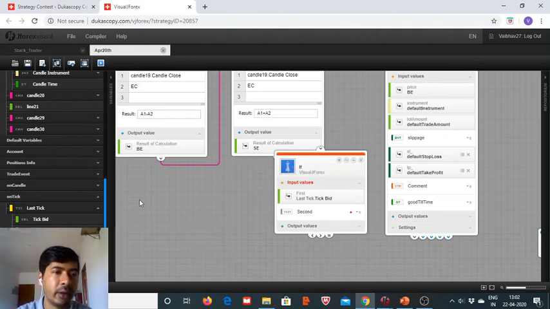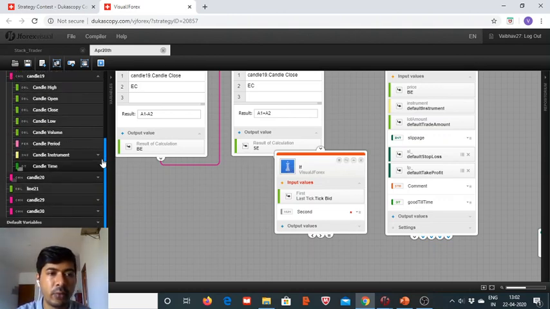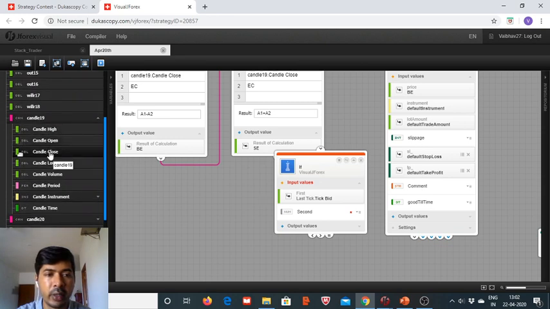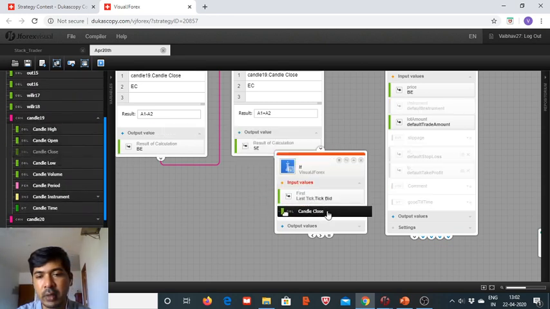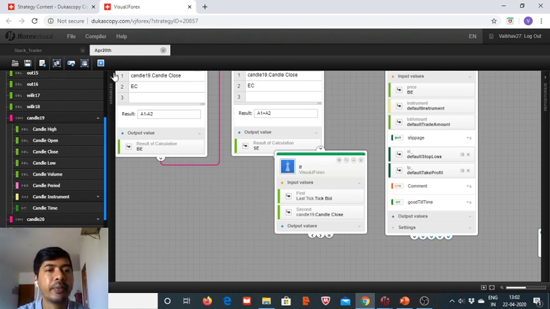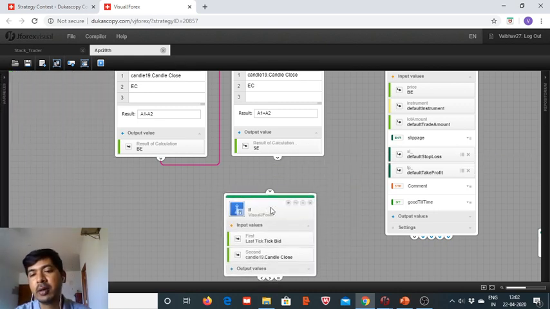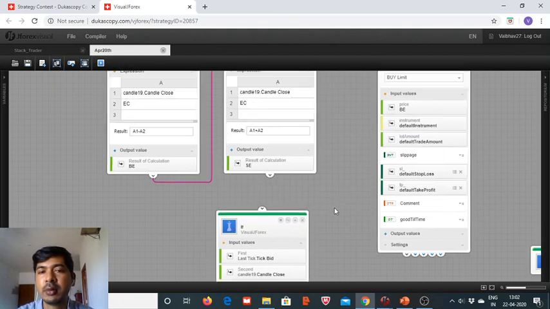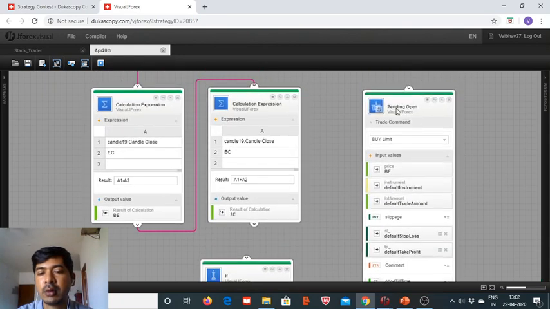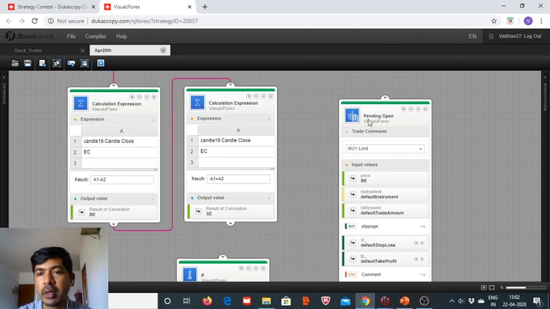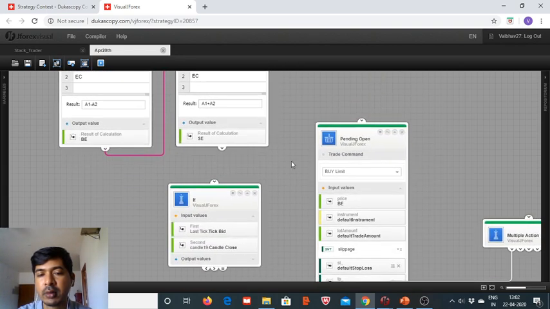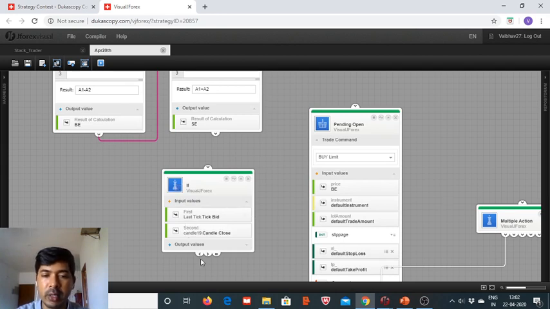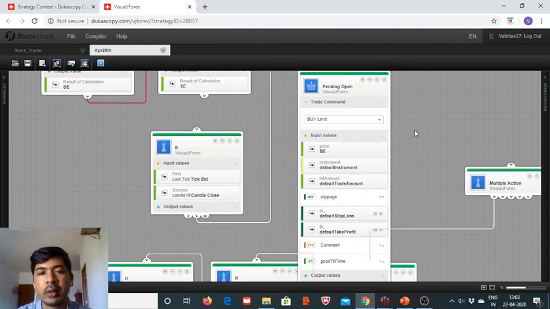Last tick bid, and then we go to candle 19 closing level, and it should be higher. So we need to connect this. Last tick bid should be higher than the hourly candles closing value, then only the order will be placed by around 30% of the ATR.